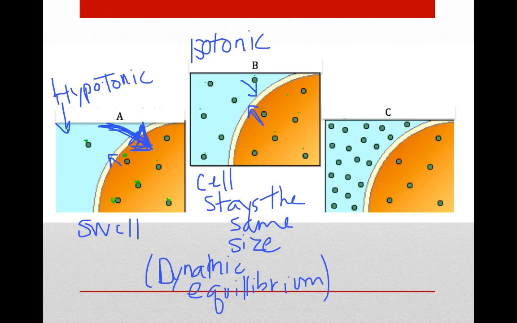Which means that water is going in and out of the cell, but whatever goes into the cell is equal to that coming out of the cell. So the cell stays the same size.